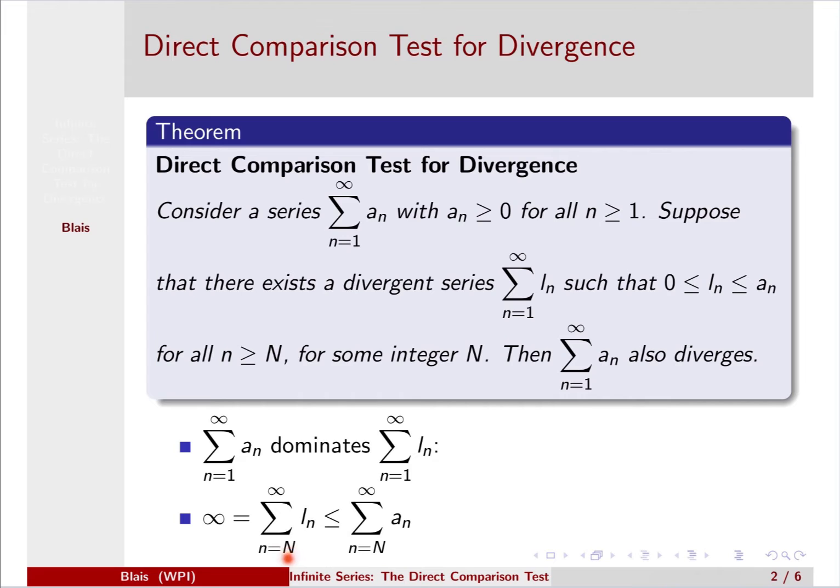And again, we're having this start at capital N here because we're saying that's the index at which this inequality begins. Most of the time, we're going to actually see n equals 1. Usually right off the bat, you will have your inequality. So what you have to do when you use this test is look at the series and try and get a sense. Do you think it converges? Do you think it diverges? If you think it diverges, you are on a quest to find a simpler, smaller divergent series.